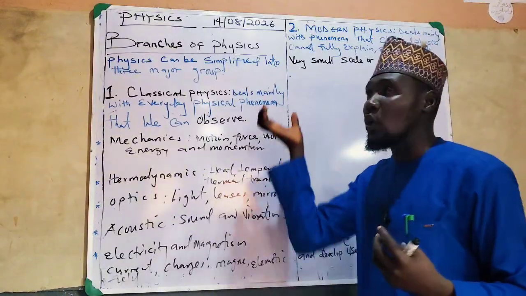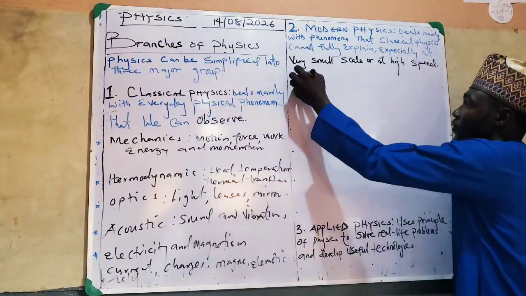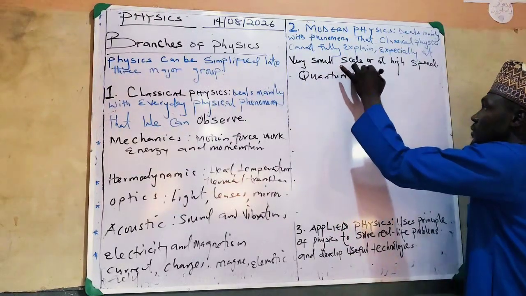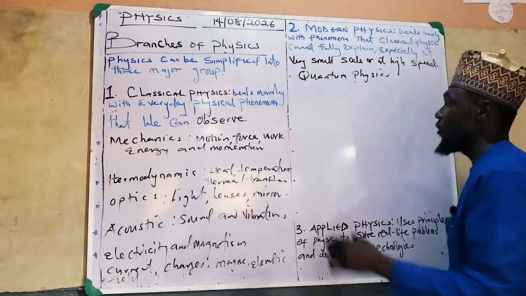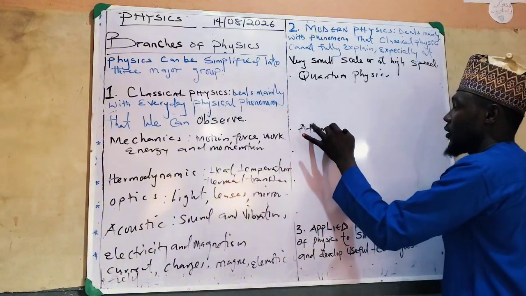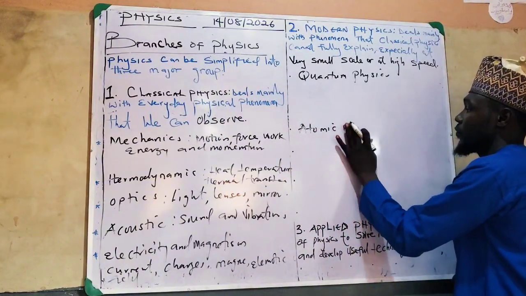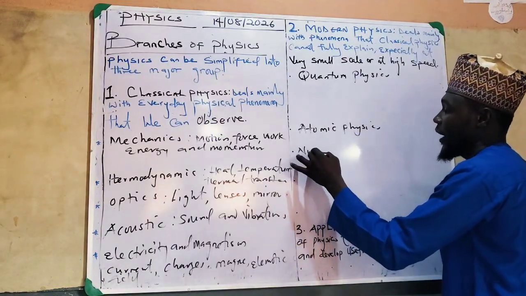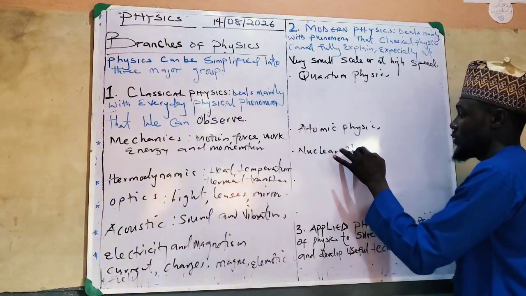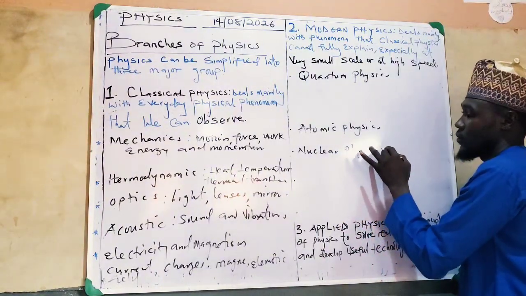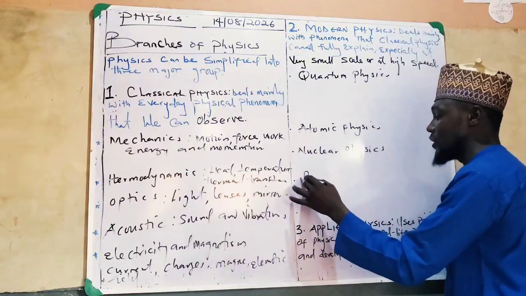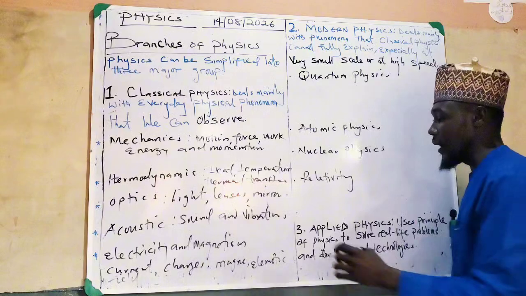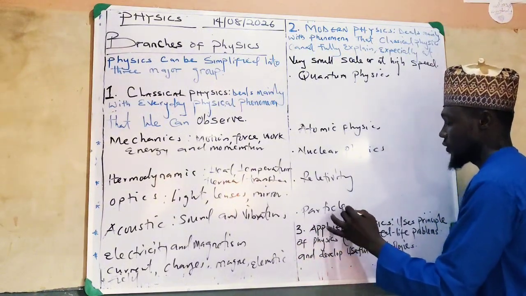The branches of physics under this group are quantum physics, atomic physics, nuclear physics, relativity, and particle physics.